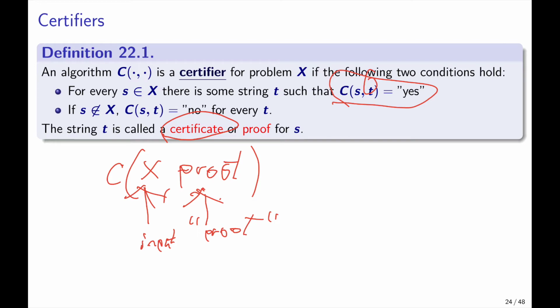You can inherently see the computational problem with this approach: if I only give you a string S and you want to decide if it's in X, you would have to go over all possible proofs and feed them into the certifier. So this is not inherently an efficient approach to solving a problem.